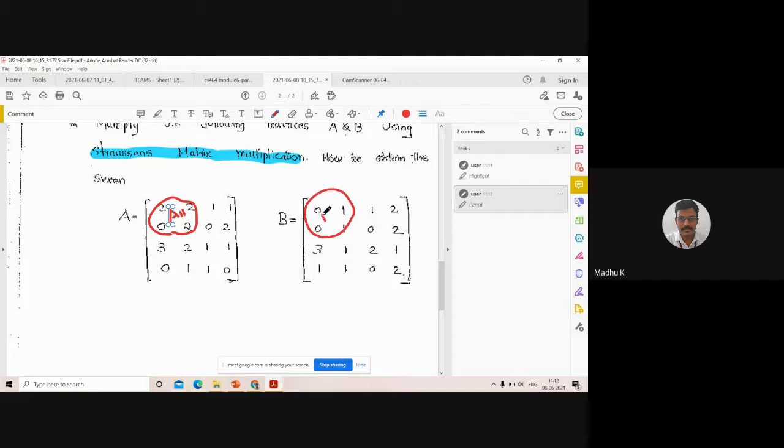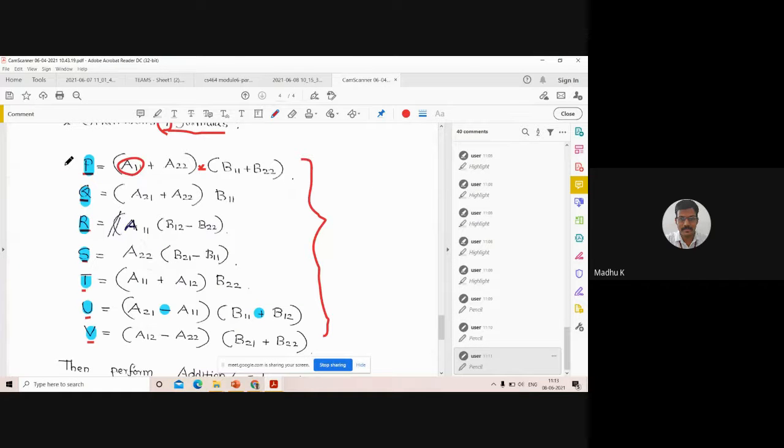In this way, you can find the others also. This is A12, this is A21, this is A22. This is B12, B21, B22.